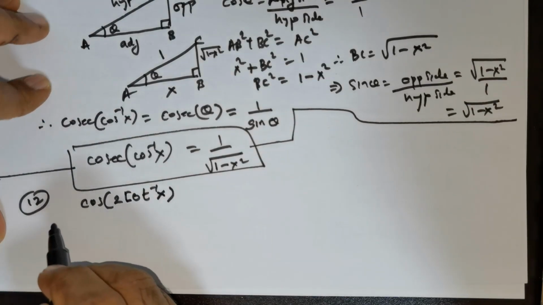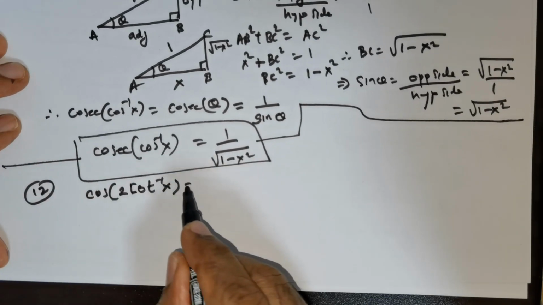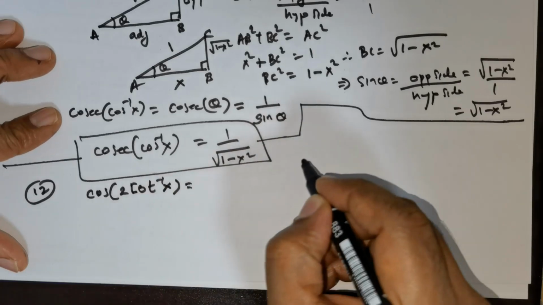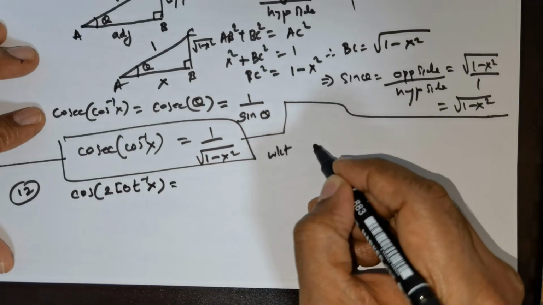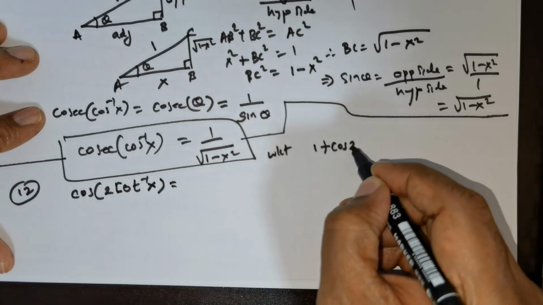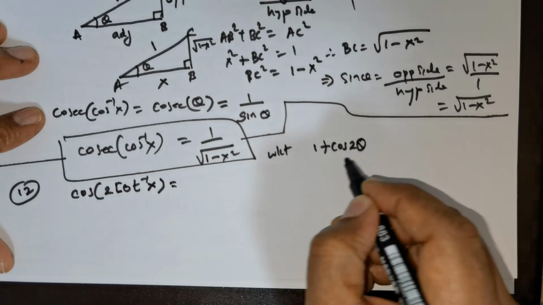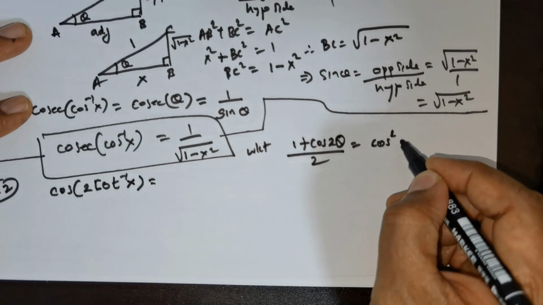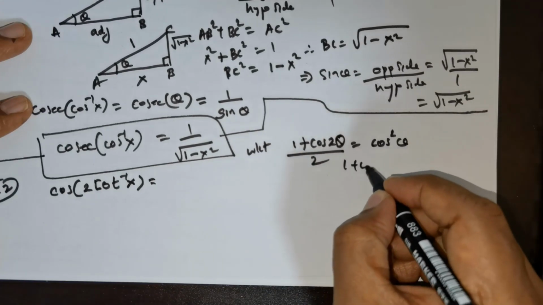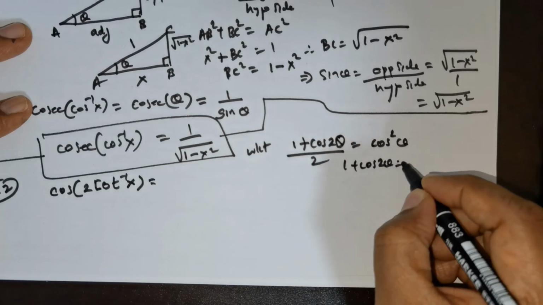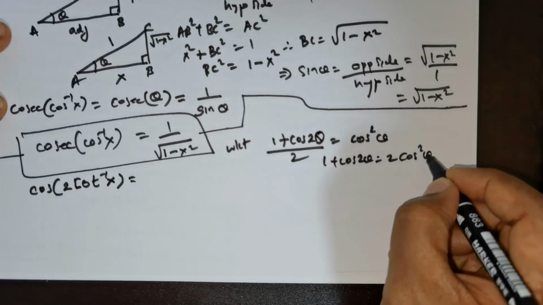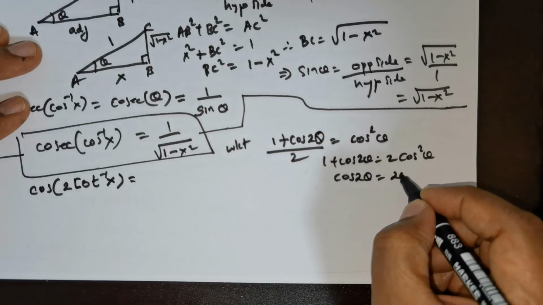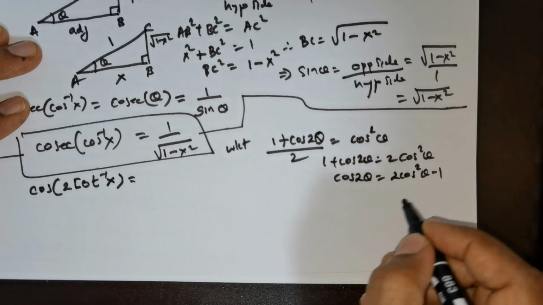Now we got question number 12. We are expected to evaluate cos of 2 times cot inverse of x. Now we know this formula, right? 1 positive cos 2 theta divided by 2 is equal to cos squared theta, which can be rewritten as 1 positive cos 2 theta is equal to 2 times cos squared theta, which is nothing but cos 2 theta is equal to 2 times cos squared theta negative 1.